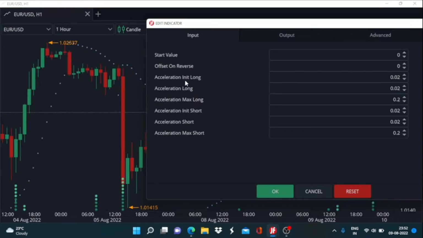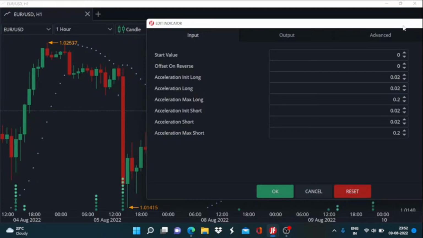Then the acceleration initial long is 0.02, the acceleration long is 0.02, the acceleration max long is 0.2, and the acceleration initial short is 0.02, acceleration short is 0.02, acceleration maximum short is 0.02.